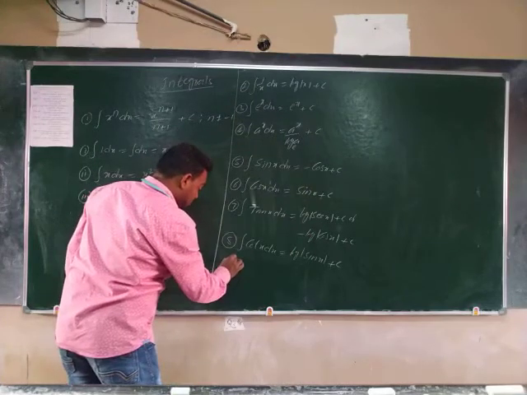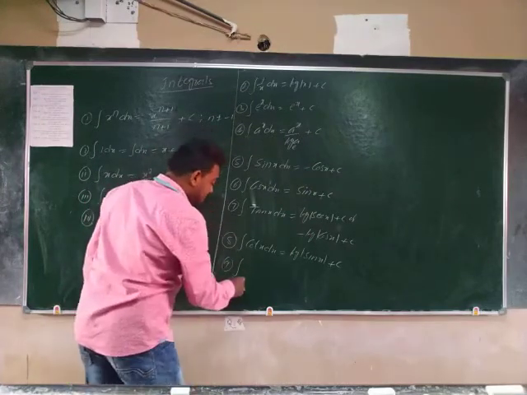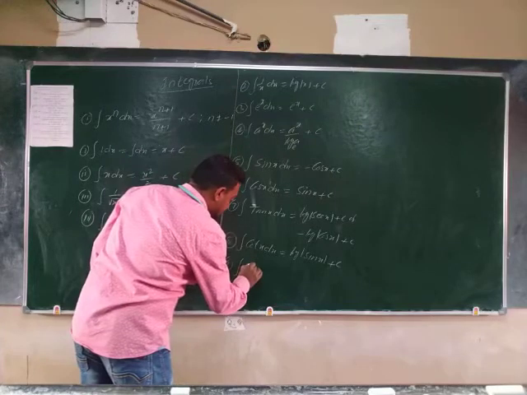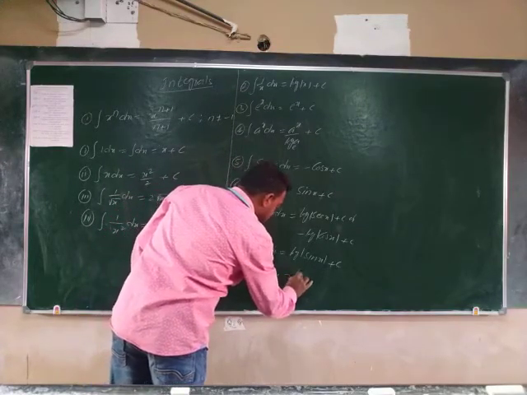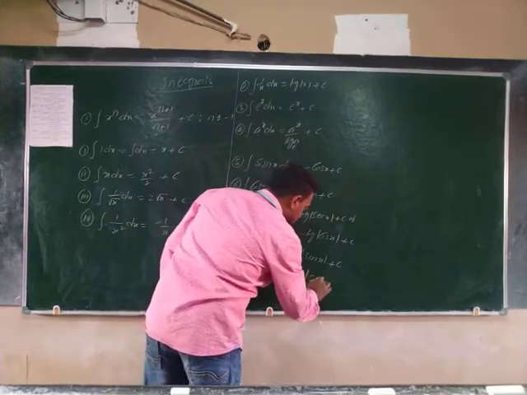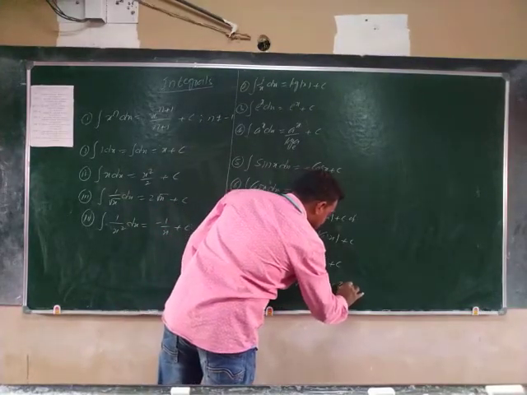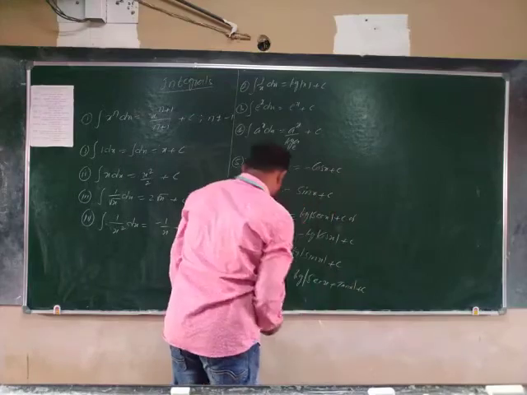Next, ninth one, integration of secant x dx is equal to log mod secant x plus tan x plus c.